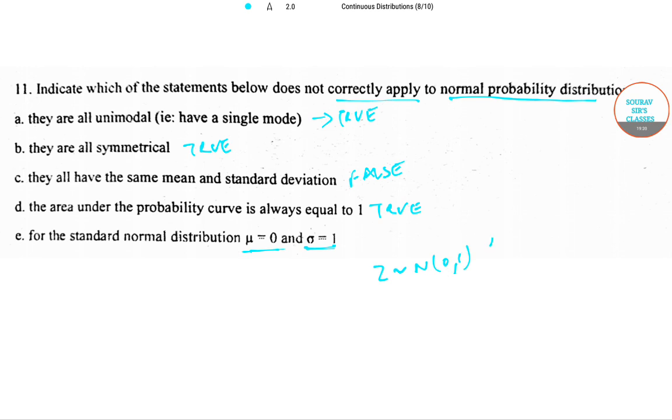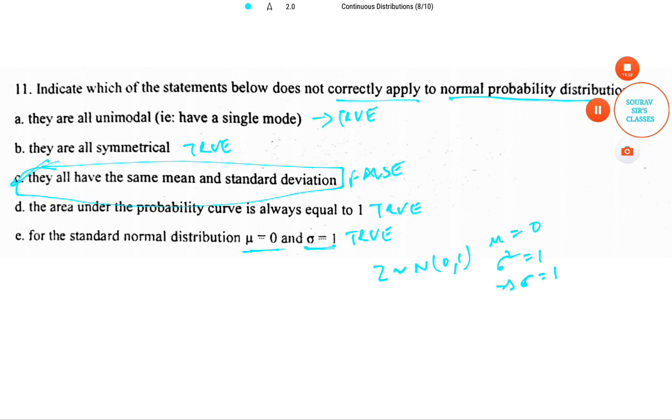Thus, mu is equal to 0 and sigma is equal to 1. Or rather, sigma squared is equal to 1. So sigma is equal to 1 since sigma cannot be less than 0. So this is true. So the statement which is incorrect is statement C. That is, they all have the same mean and standard deviation.